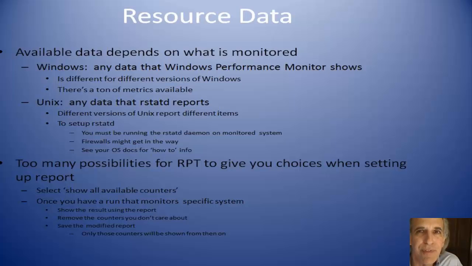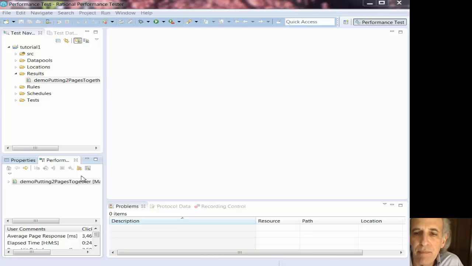My usual favorite way is just using idle time, and then you subtract that from 100 to get the total CPU utilization. So I'm going to show you how to filter that report and pick only the counters you care about.